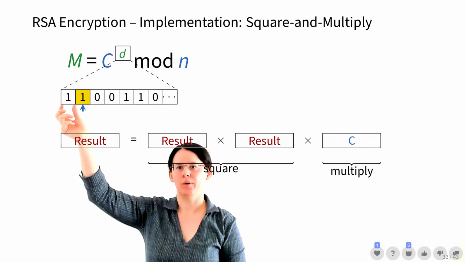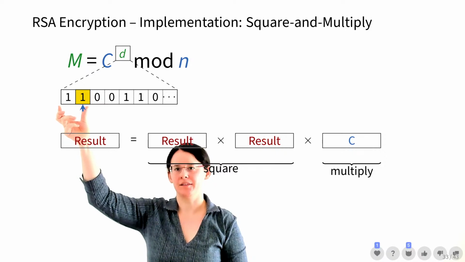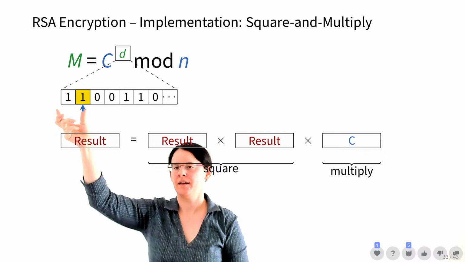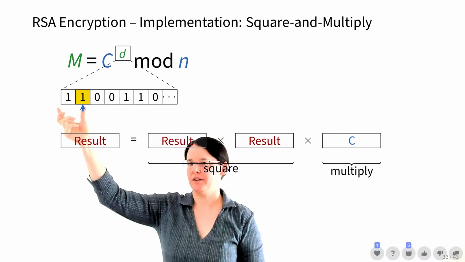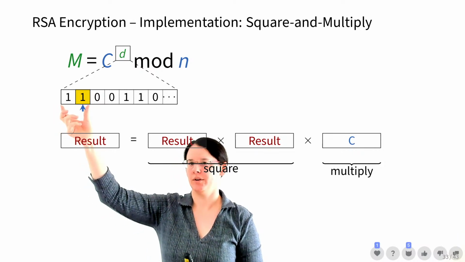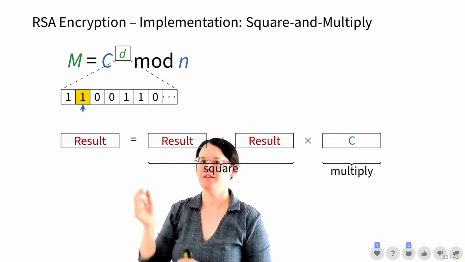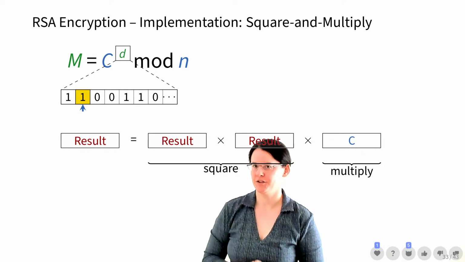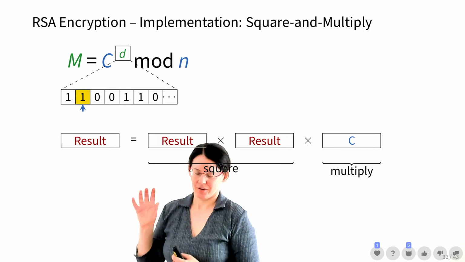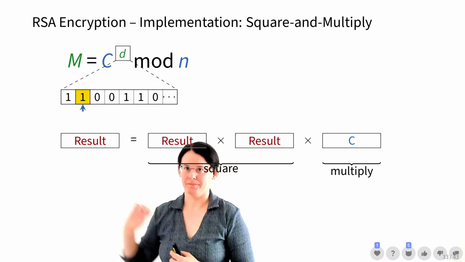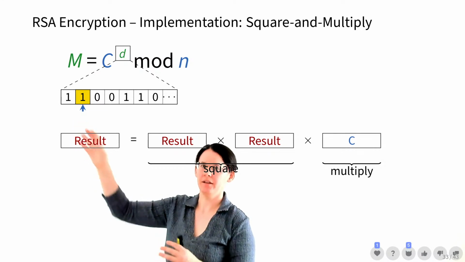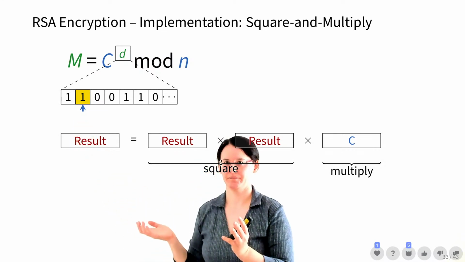Extending 1 to 10 means doubling the exponent, so shifting the bit string by 1 position means doubling. And if the exponent doubles, what does this mean for the result? It means squaring the result. This is because of the basic exponentiation rules we've seen before. If you want to derive c to the power of 2d from c to the power of d, you take c to the d and square it.